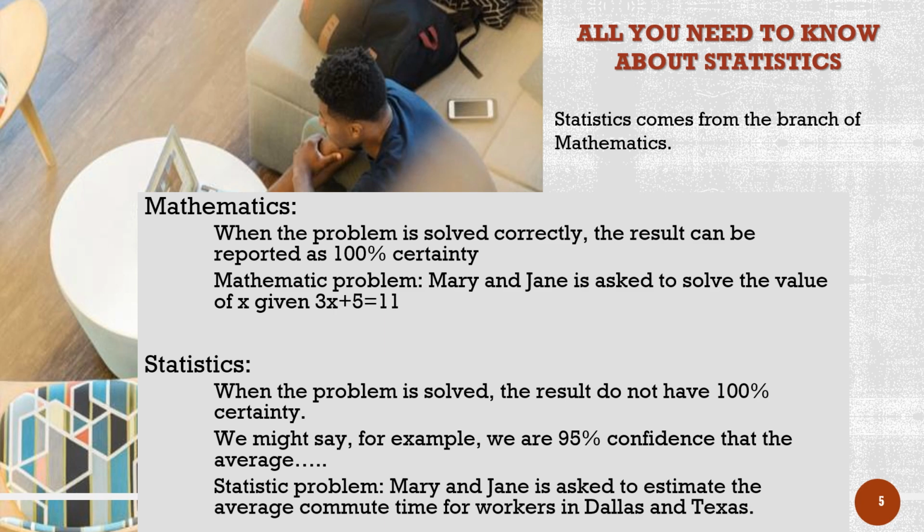When we are collecting the data, we will be facing some bias and some errors while collecting the sample data. That is why, when we are analyzing or estimating that data, for example estimating the average time, we will not have a certainty of 100%. So basically in statistics, at most we will have 99% certainty.